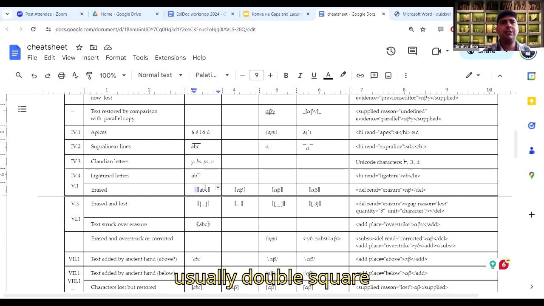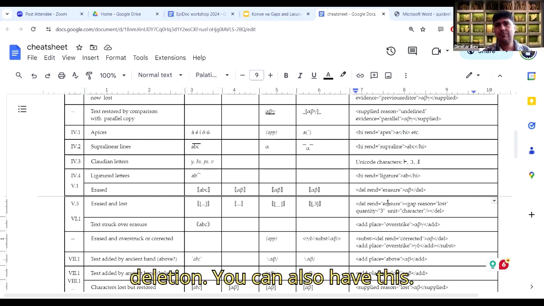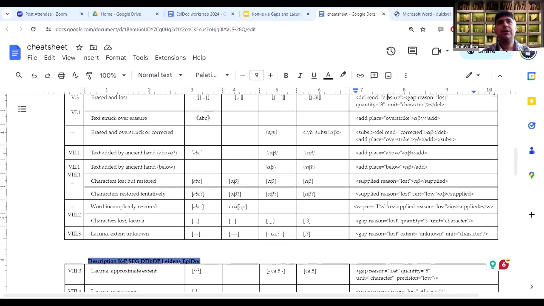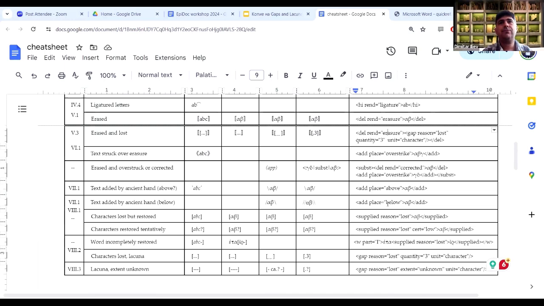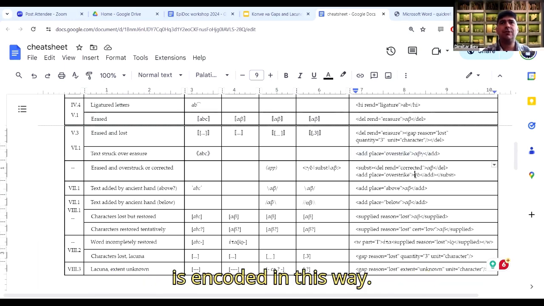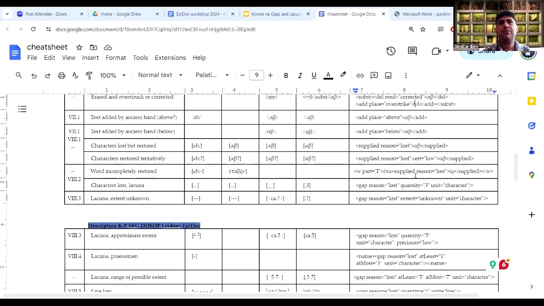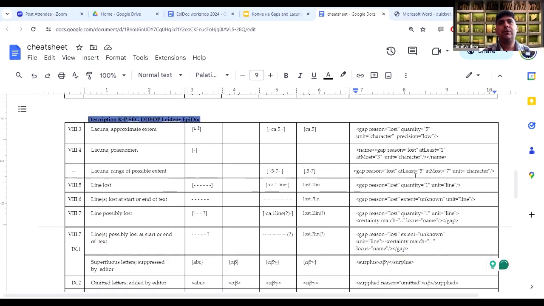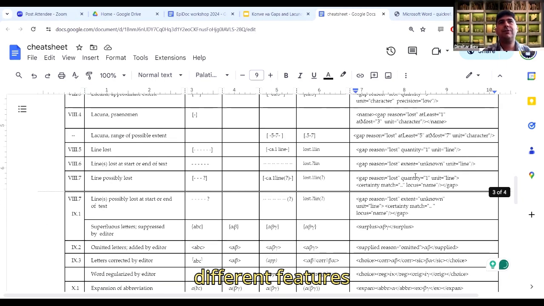This is usually double square brackets, and you can have a gap within a deletion. You can also have this. You can have overstruck letter, which is encoded in this way, and you have different features described here.